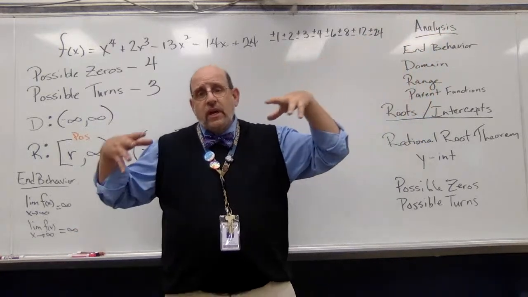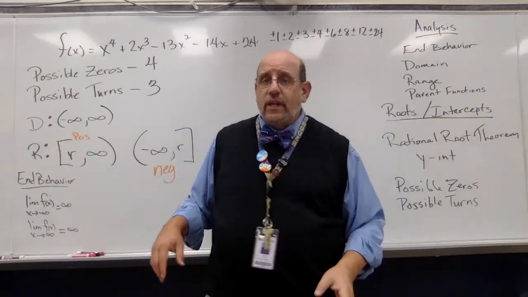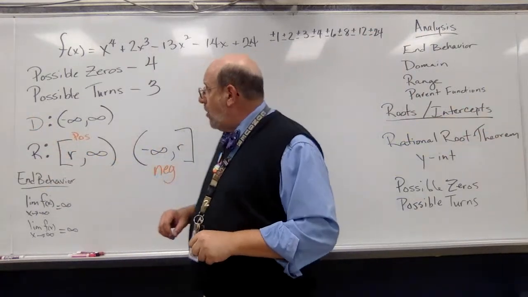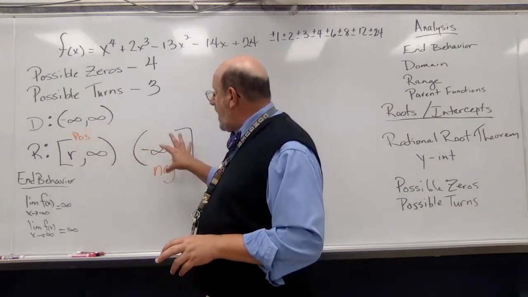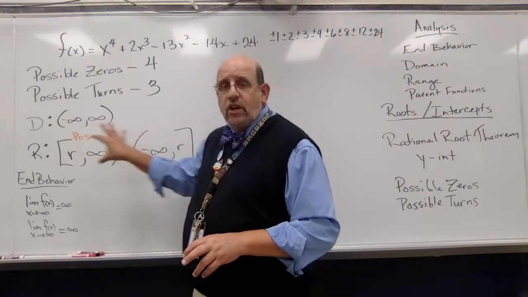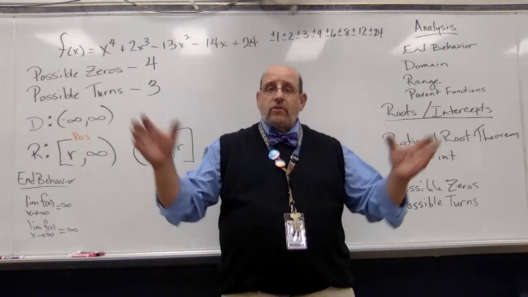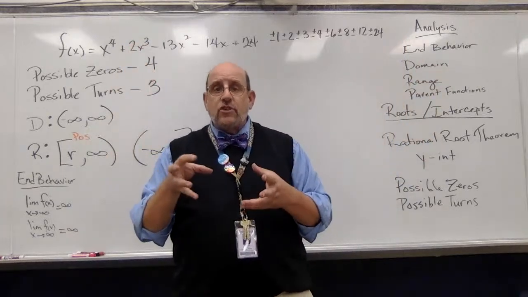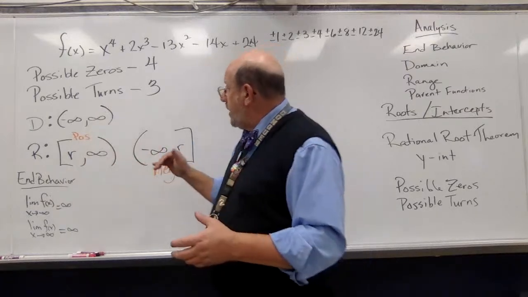So you have an infinite domain from negative infinity to positive infinity. That's all well and good. In terms of range, the only time you have a different type of range is when you're talking about one of these even functions, right? You have something that looks parabolic in nature, or it looks like a W or what have you.